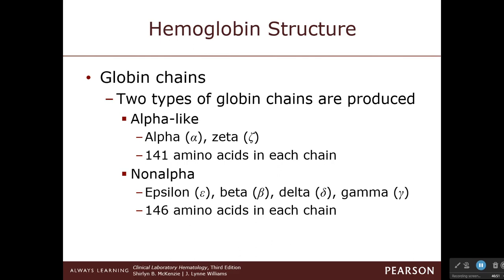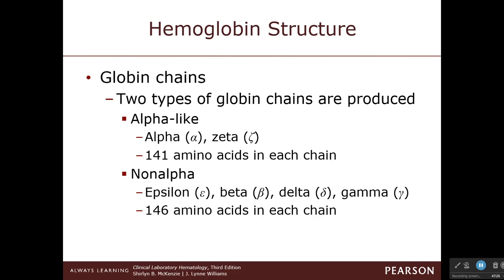In our body, we have globin genes, so that means genes that make globin chains. There are 2 chromosomes: chromosome 11 and chromosome 16. So what does that actually mean?